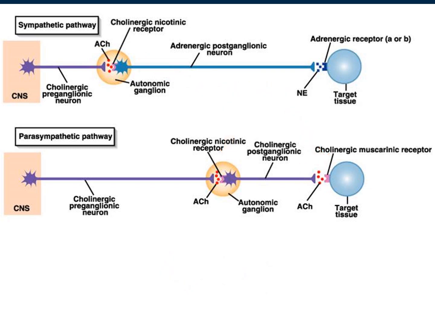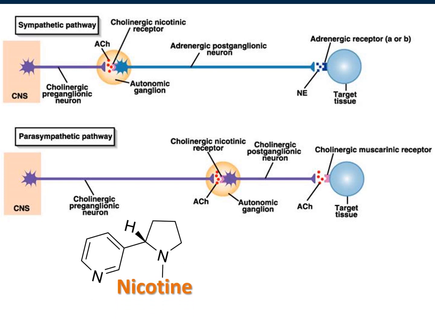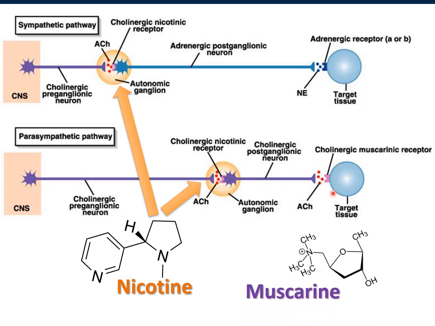Now, if we look at the receptors for acetylcholine, the upstream receptors, these two right here, are nicotinic receptors. That is to say, they are sensitive to acetylcholine and nicotine to varying degrees depending on which tissue you're talking about. In the parasympathetic, the downstream receptor, the one there at the target tissue, contains muscarinic receptors.